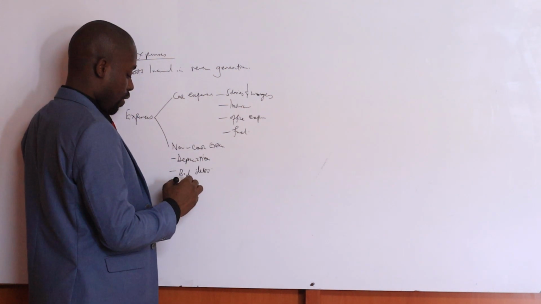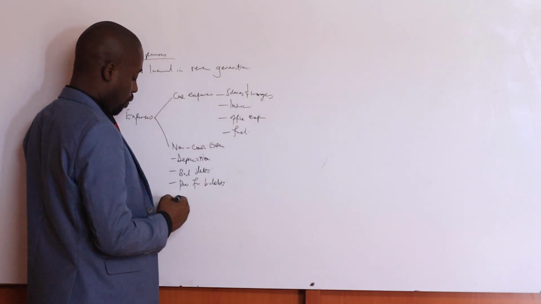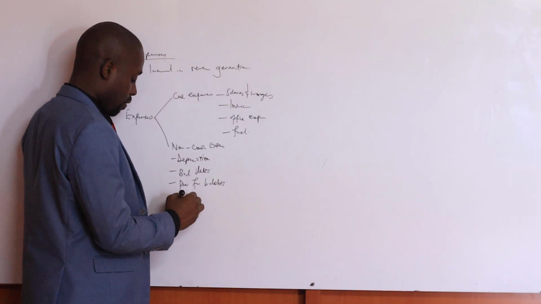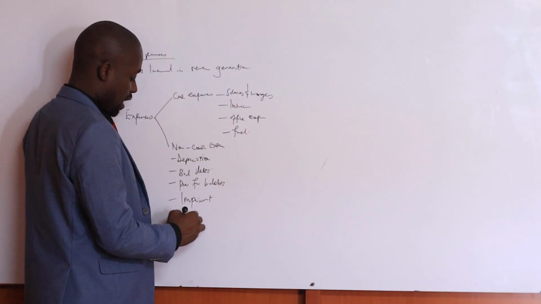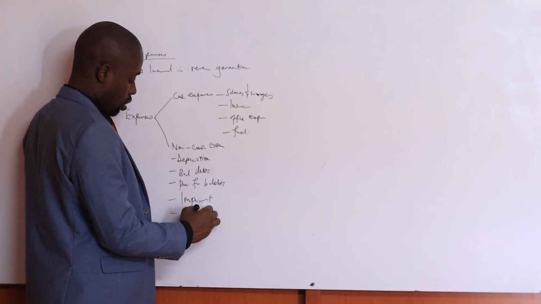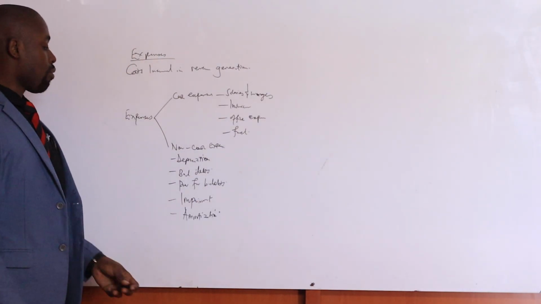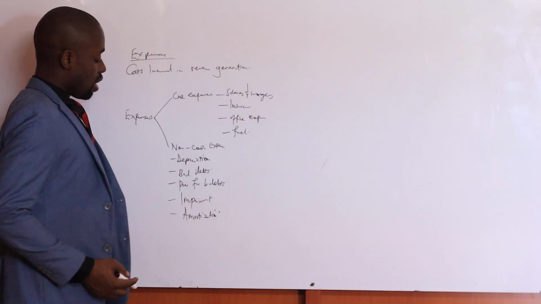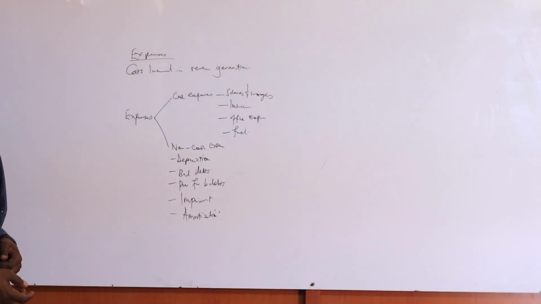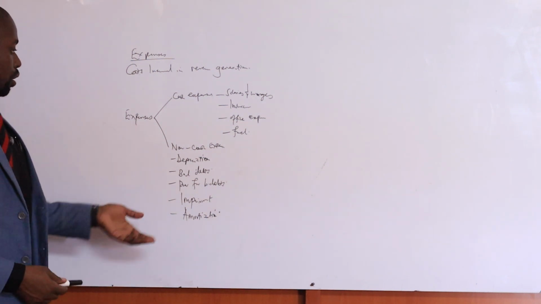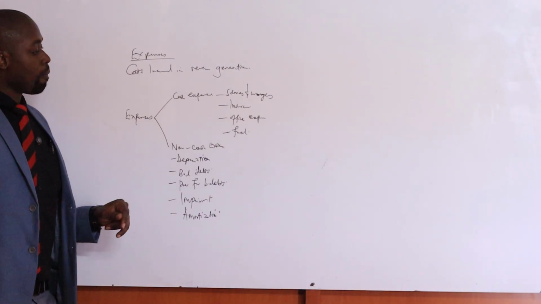Number 3 is provision for bad debts. 4, what we call impairment. 5, amortization, among others. These are some of the non-cash expenses. We cannot locate them in the cash book or on the bank statement. There's no cash outflow relating to these types of expenses, so they are called non-cash expenses.